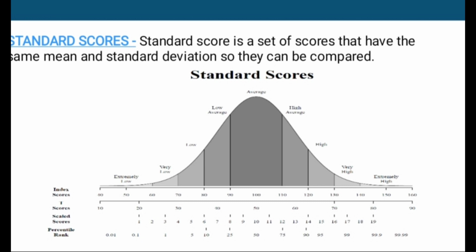The next side is high average, then very high or extremely high. You can see the standard score is 100, followed by 50 and then 1 over 10.